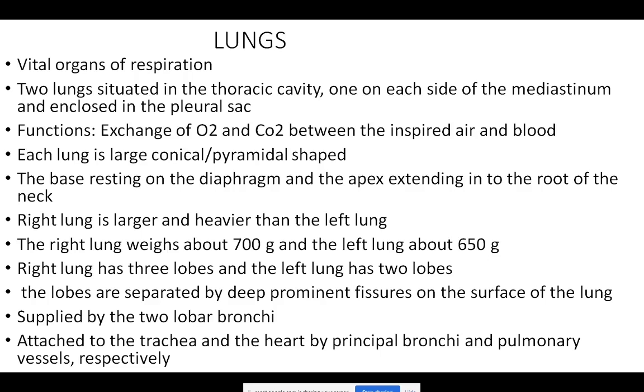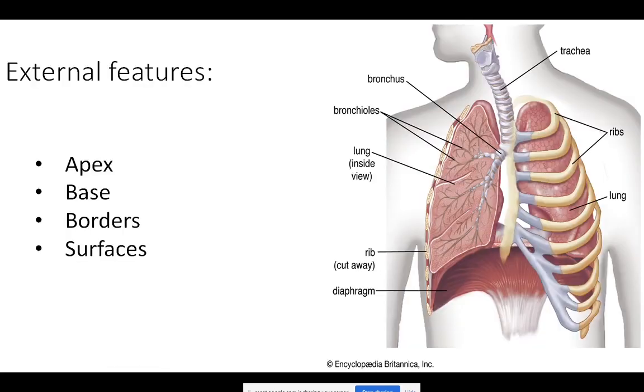The lobes are separated by deep prominent fissures on the surface of the lungs and supplied by two lobar bronchi. The lung is attached to the trachea and the heart by the principal bronchi and pulmonary vessels, respectively. The external features of the lung are the apex, the tip at the upper region of the lung, the pointed side of the lung, okay?